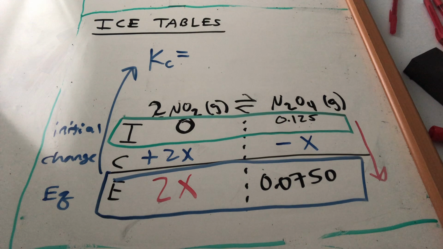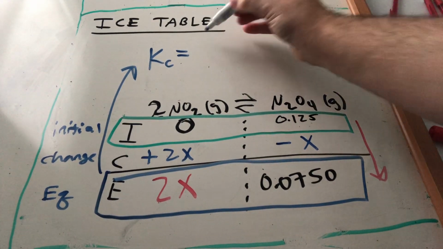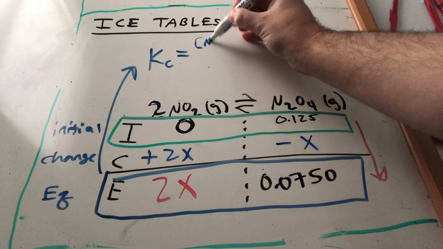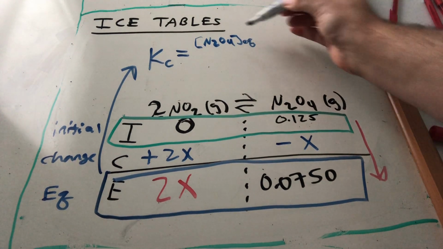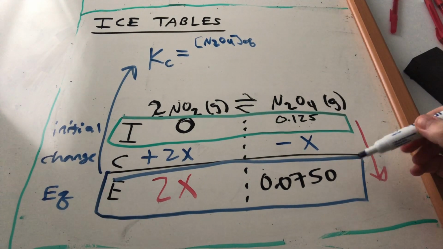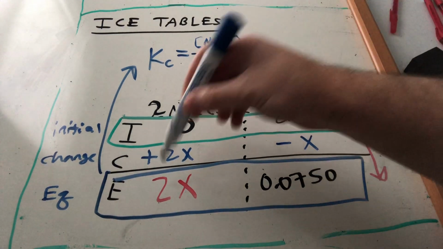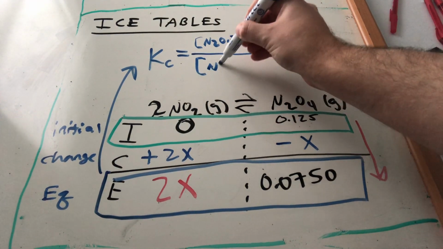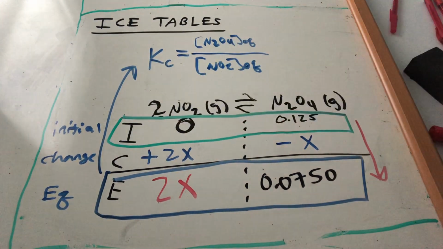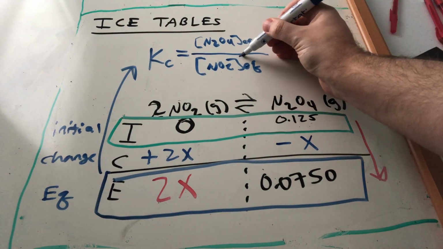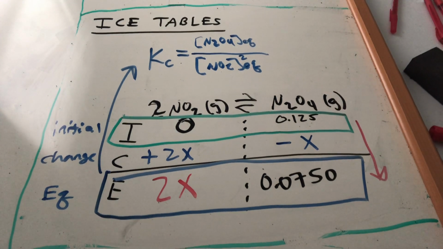So if I make my K expression here, from previous videos, I need to know N2O4 at equilibrium. Oh, wait a second, that's right in my table. I need to know NO2 at equilibrium. That's in the E spot of my table as well. And then based off the stoichiometry, I need to square it.